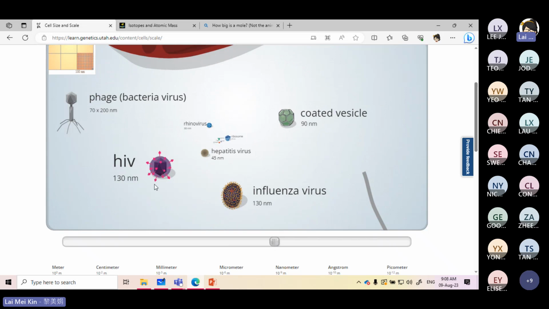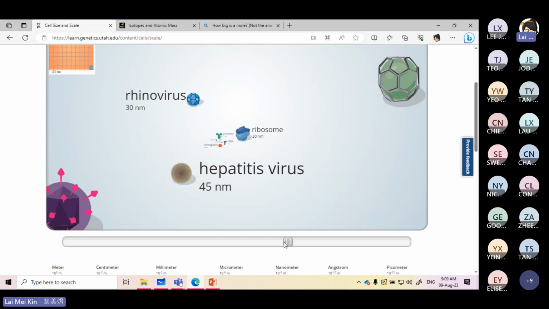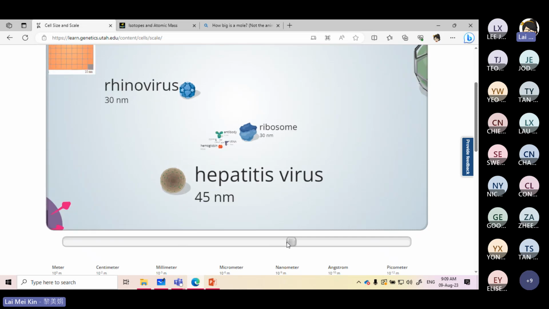And HIV virus, I believe you guys are familiar with HIV virus. Viruses are very, very small. Here, have you seen atoms yet? Haven't, huh? Okay. And then we have influenza virus, the virus that causes flu. And then hepatitis virus, also a very small virus.